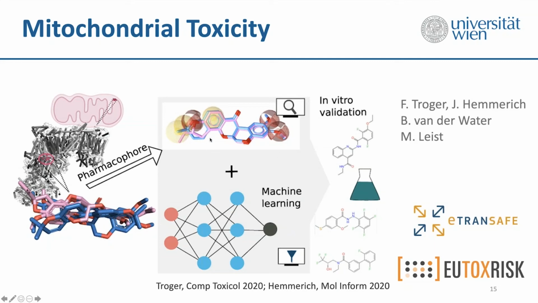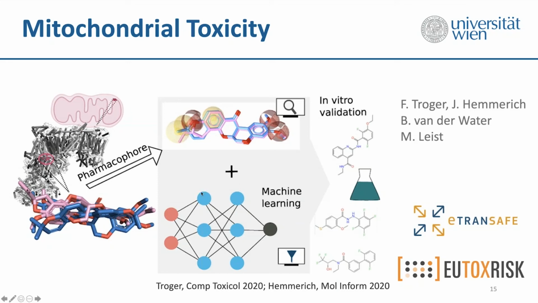So structure-based design means docking of a set of compounds to the respiratory complex 1, extracting a structure-based pharmacophore model out of the docking pose, and screening a library for compounds fitting the pharmacophore models, so for compounds blocking respiratory complex 1 and thus being prone to cause mitochondrial toxicity. In parallel, we compiled the data set of around 6,000 compounds out of literature.